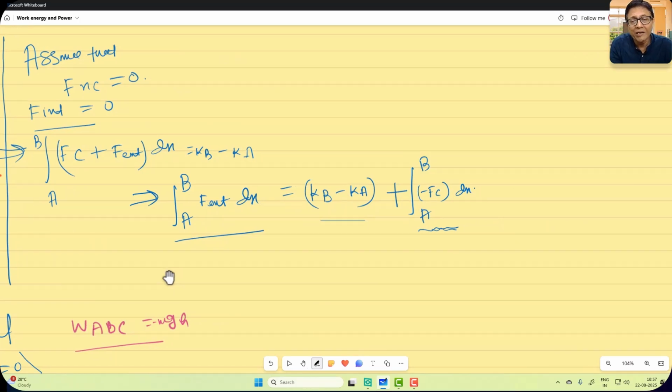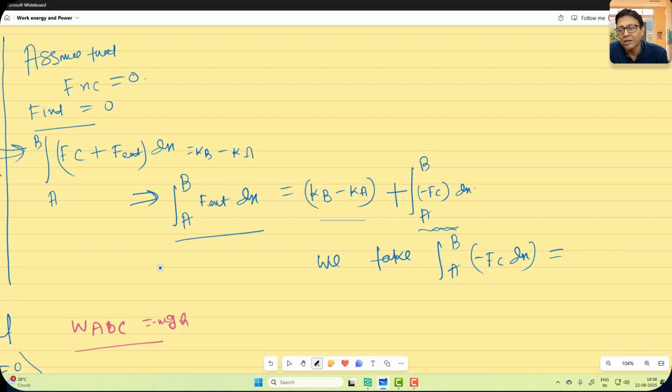We take integral from A to B of minus Fc dx equal to potential energy. Potential energy we normally denote by the letter U, so Ub minus Ua. Okay? So minus Fc dx is Ub minus Ua, change of potential energy, that is delta U.